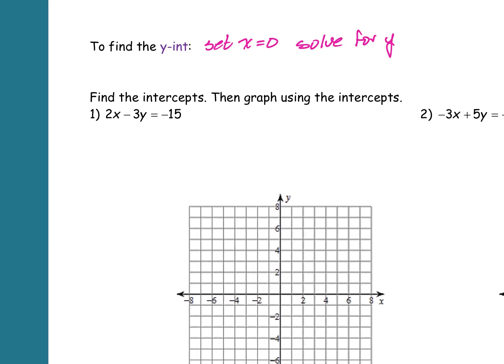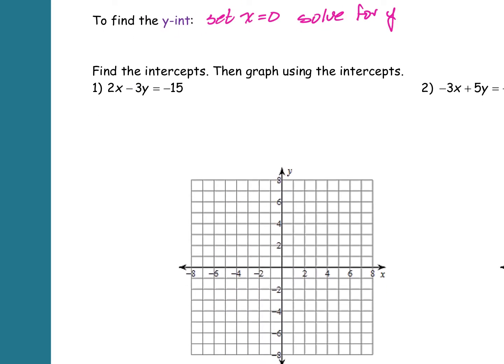So here we go. It says find the intercepts. So I'm going to find the intercepts first. X-intercept means that y equals 0. So I'm going to set y equal to 0. Wherever I have a y in my equation, I'm going to put a 0. So I've got 2x minus 3 times 0 equals -15.